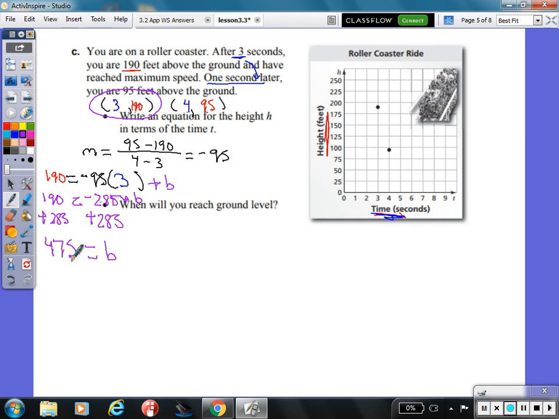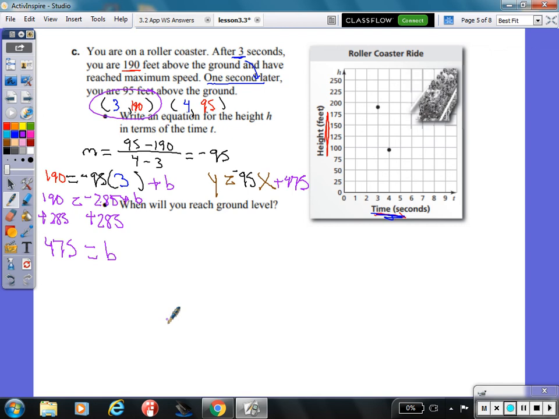So our equation then, we would have y equals our m, which is the first thing we found, was negative 95. And then plus b on the end is plus 475.